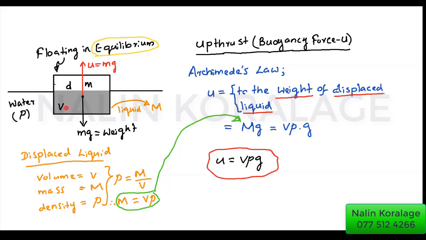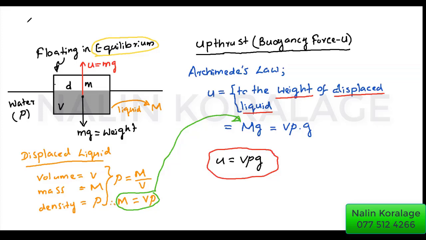That is the volume of the displaced liquid, or the volume of the object which is inside the liquid level, the water level. Another important fact is that it is the density of the liquid, in this case water, not the density of the object, which is D. Okay, I think that's explained. At the same time, the density of the object can be used to express the mass of the object.